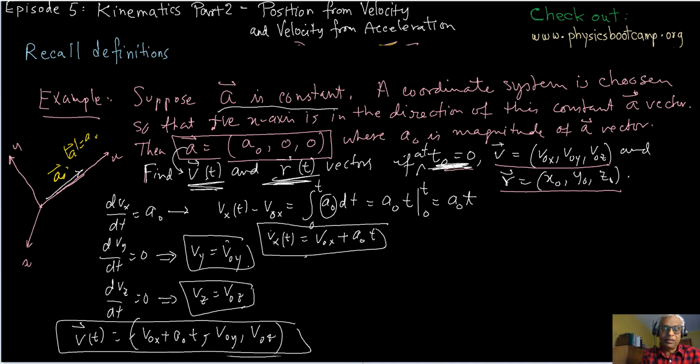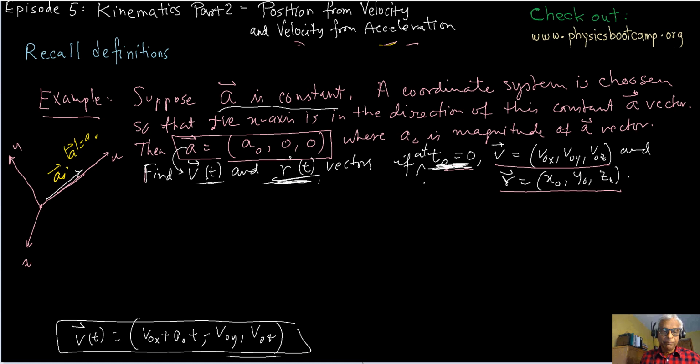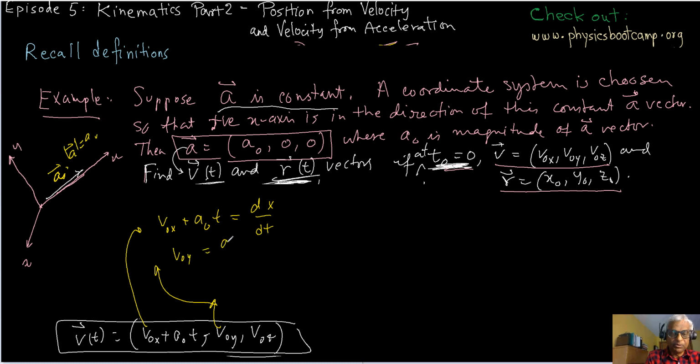So I need to set that up for how the velocity definition is related to the position. Okay, so let's work this one out. So this just means v0x plus a0t should be dx over dt, and v0y equals dy/dt, and v0z equals dz/dt.